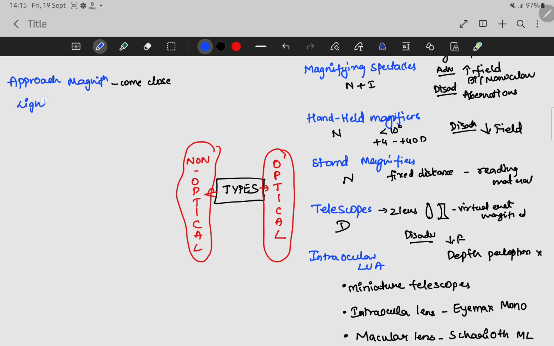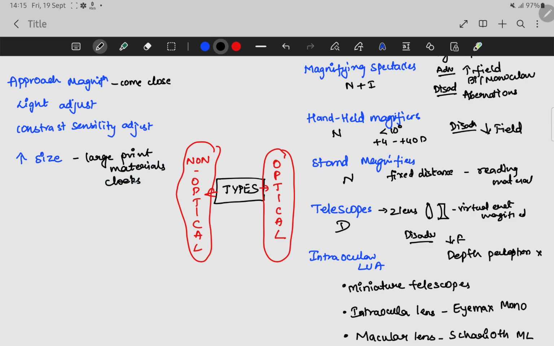We have to adjust the light, contrast sensitivity, and increase the size. In increasing size adjustment, we can use large print materials, clocks, devices, etc.